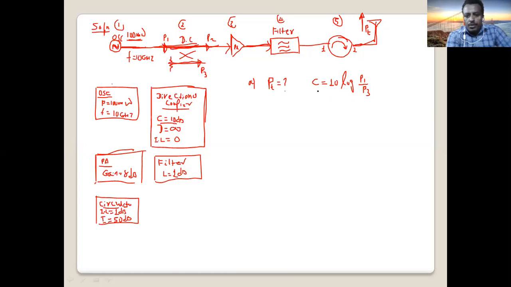Okay, so we have discussed this formula. Coupling indicates for a directional coupler how much power is transferred to port number 3, P3.